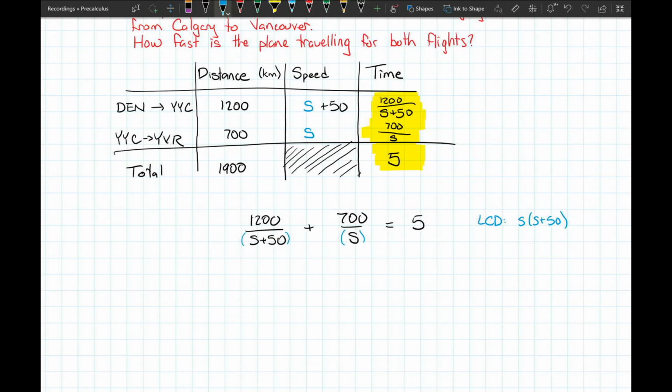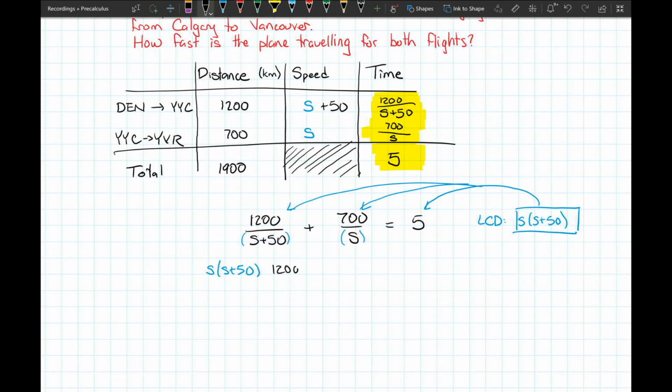But we could also get rid of all of the fractions ahead of time by taking this factor of S times S plus 50 and distributing it to the left and right-hand sides of the equation. Just make sure that it gets multiplied by every single term. Once we do that, we can multiply term by term and start canceling denominators. You can see that the S plus 50 cancels, and the S cancels, and we're left with a quadratic equation with no more rational expressions.